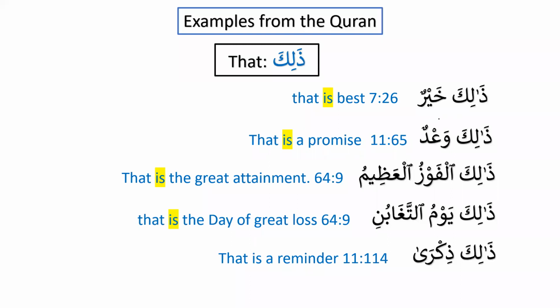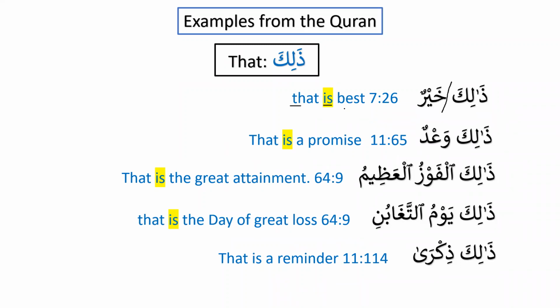Dhalika khayrun, that is best. So we can see over here that dhalika is a proper noun or definite noun. Khayrun is a common noun or indefinite noun. And that's why when we put them together, we get the meaning over here. You might be thinking: why is the T not capital, and why is it "best" and why not "the best"? So we have to rely on the translators and we have to take it as it is.